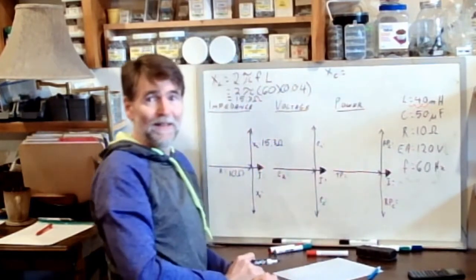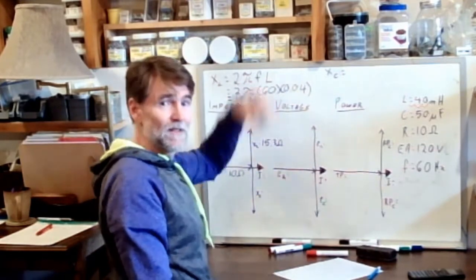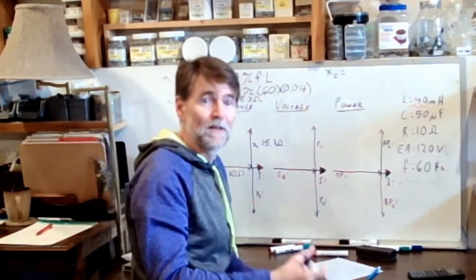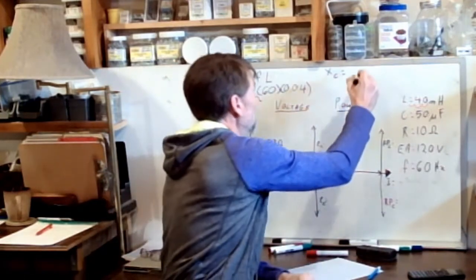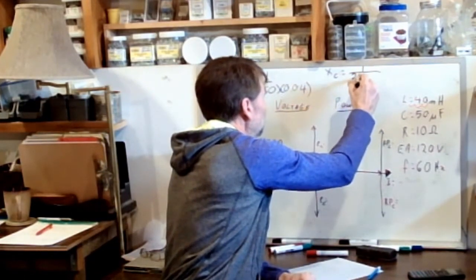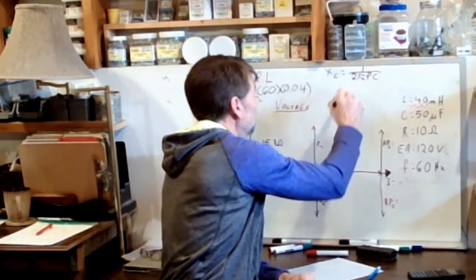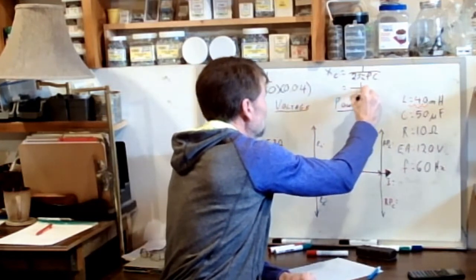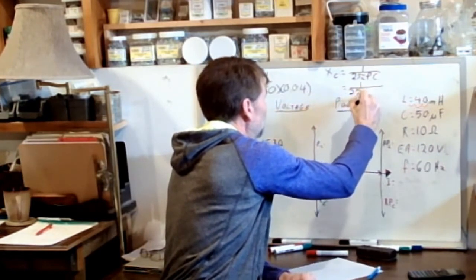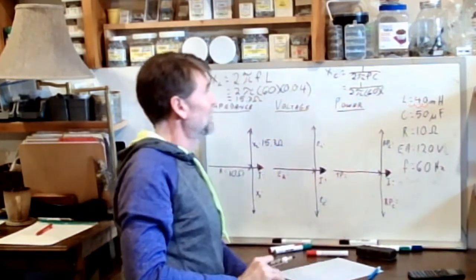So XC equals, now remember capacitance is kind of exactly like inductance except the exact opposite. It's the inverse, and so it is the inverse equation. The inverse of 2 pi F, and this time we're calculating for C, which equals the inverse of 2 pi times the frequency, still 60 hertz, multiplied by capacitance.